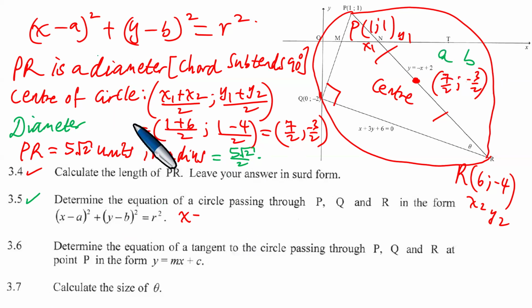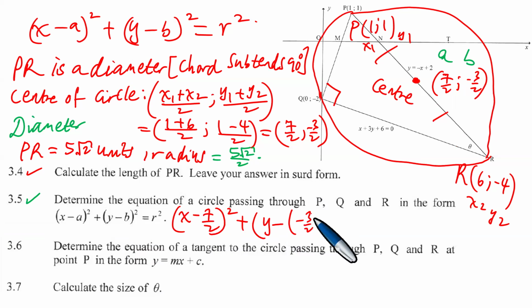The formula is x minus a squared plus, open bracket, y minus b squared. What is our a? A is 7/2 there. You can use the same color, it doesn't matter. So it's x minus 7/2, squared, plus y, and we put a minus here, exactly -3/2, squared. This equals r squared, the square of the radius.